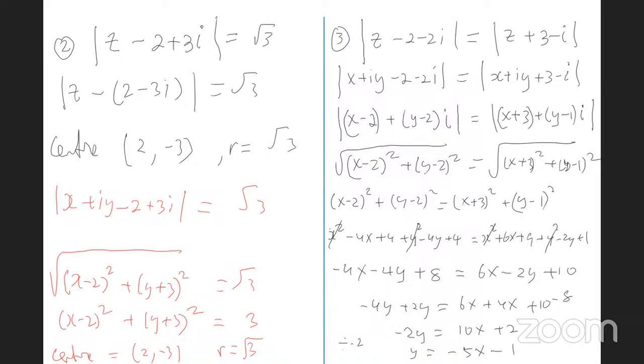Nice. Anybody writing? Right. Of course, if they ask you to sketch it, you just do a negative slope with a y-intercept of minus 1, right? If you had to sketch it as well.